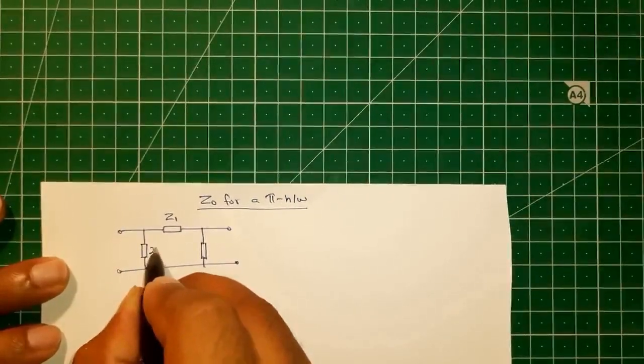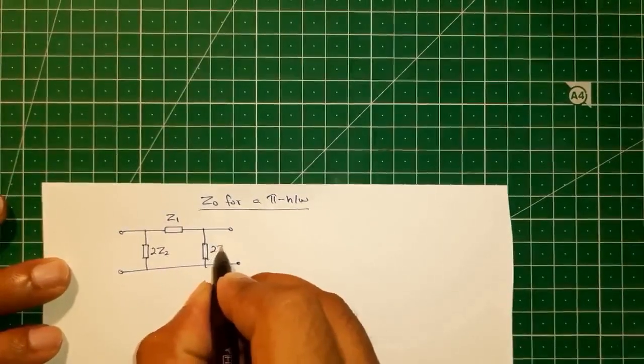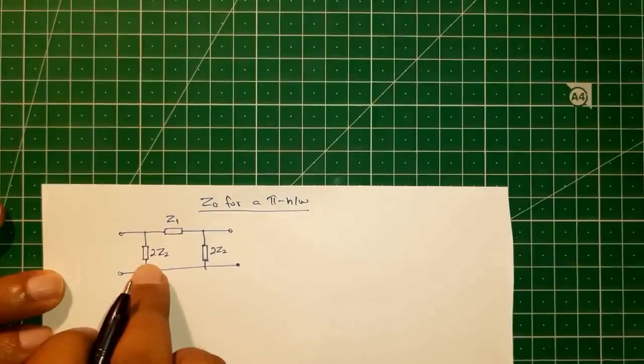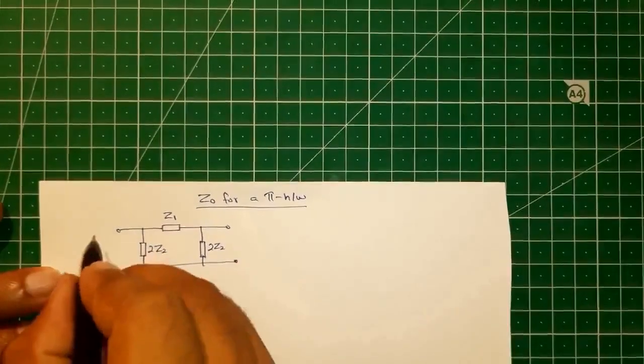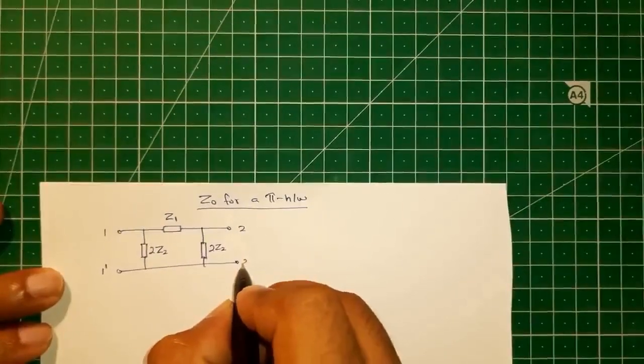Each of these should be equal to twice Z2, so that the total shunt arm impedance will be 2Z2 parallel to 2Z2, which will be equal to Z2. This will be the input port and this will be the output port.